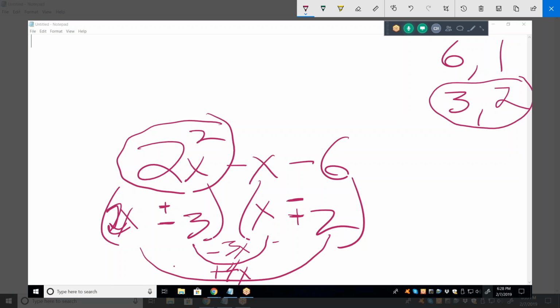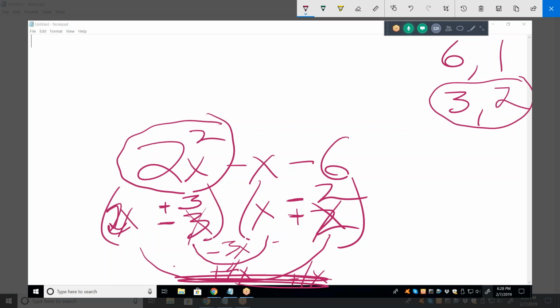It's the right number, but the wrong sign. It gives you a plus 1x. Whenever you try a set of factors and you get the right number but the wrong sign, all you have to do is move it to the other sign. Take the 3 away from there, put it up there. Take the 2 away from there, put it up there. That's going to give you the same number but the opposite sign.